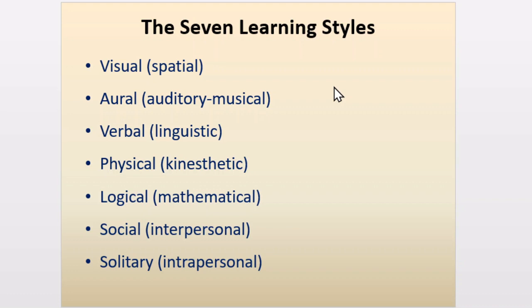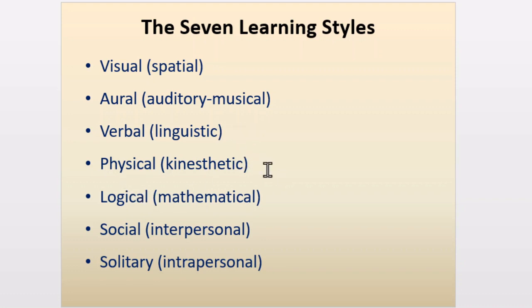Auditory, musical, or oral learners listen and learn. So they will have no problem listening to long lectures, while a visual learner will have a problem listening to a long lecture. Linguistically intelligent people will find language learning and learning literature to be a pleasure.